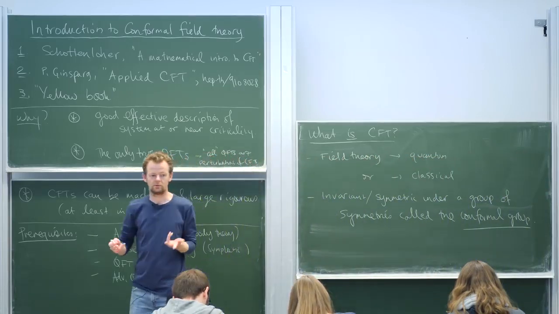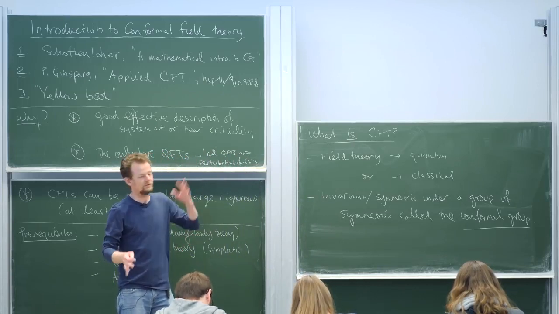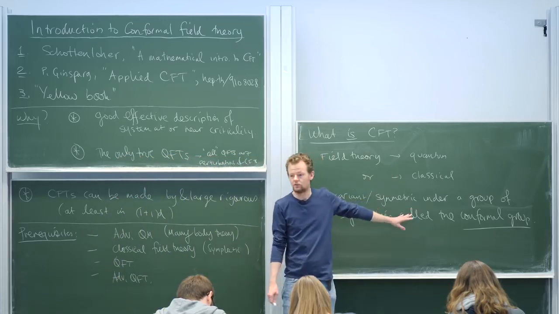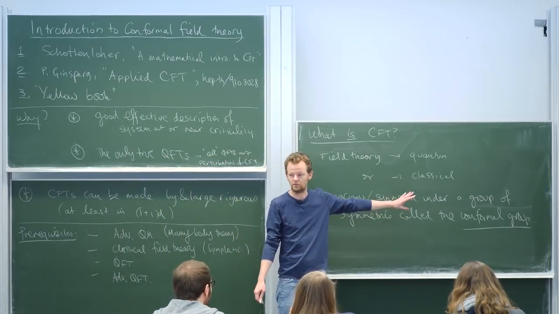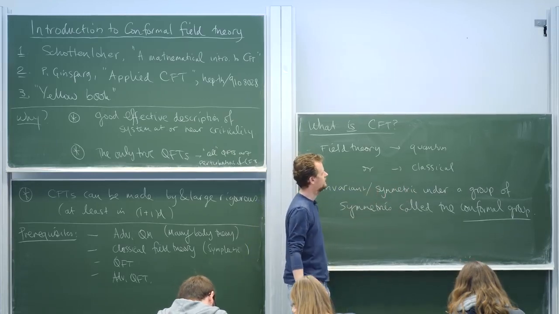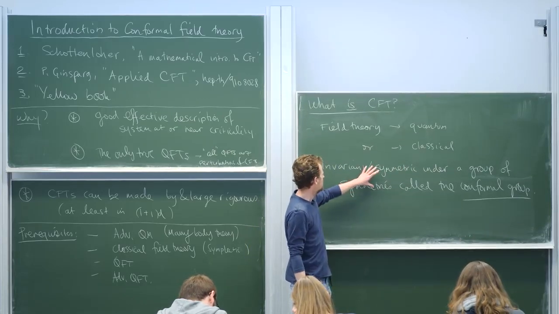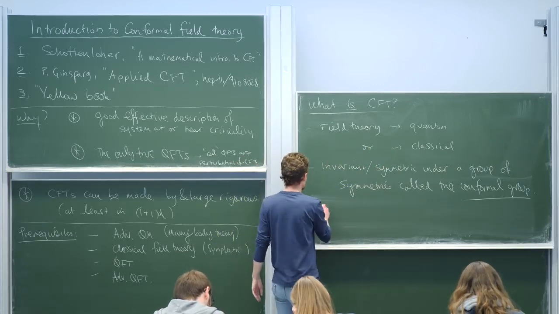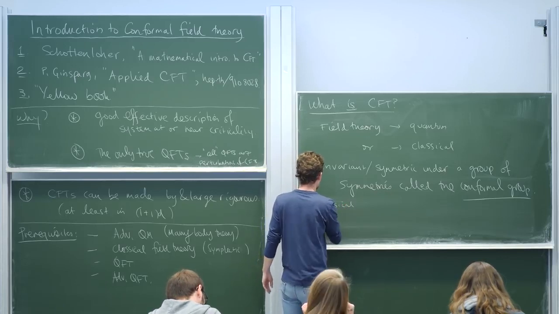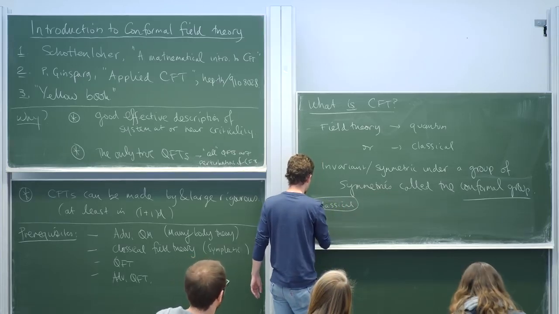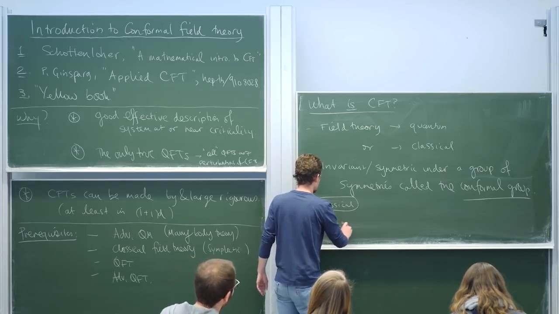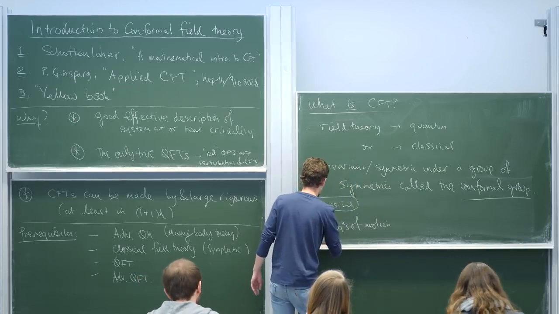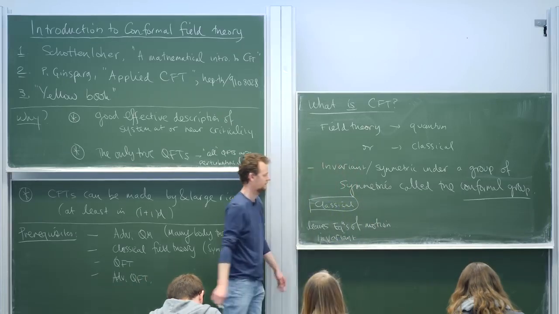It's a classical or quantum theory that's invariant, or symmetric is another way of saying it, under a group of symmetries. It's not just any group, it's a special group called the conformal group. There you go. That's the definition. Now, how a theory is invariant under a group of symmetries depends on whether it's classical or quantum. So if it's classical, it just leaves the equations of motion invariant. That's what it means.